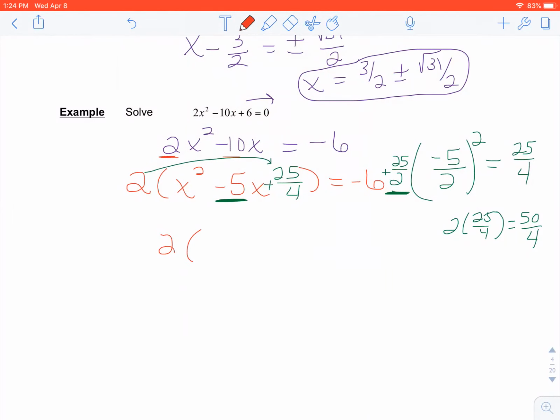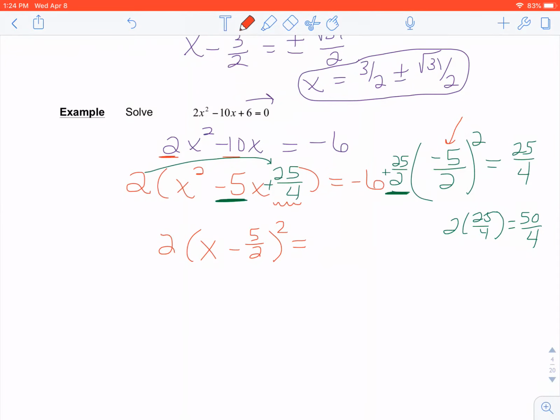So now factoring the left, that is a perfect square. Doing my little cheat here. It's going to be x, and then the value with x is negative 5 over 2. Because if I have 25/4, and I take the square root of it to make it a quantity squared, the square root of 25/4 is 5 over 2.